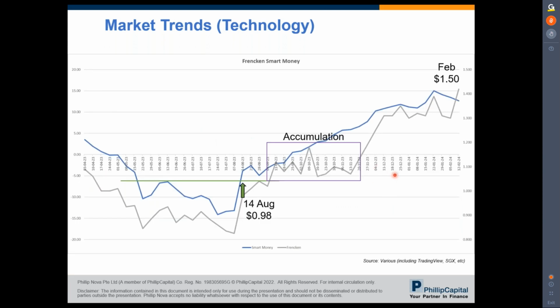Okay, another stock where we see this smart money phenomenon is this small cap or mid cap stock called Frencken Group, right? So Frencken Group is a company that deals in analytical and life science, automotive, healthcare, industrial, and also semicon industries.